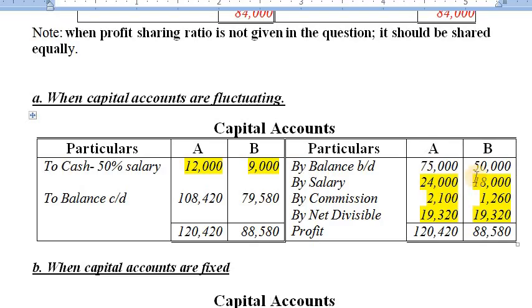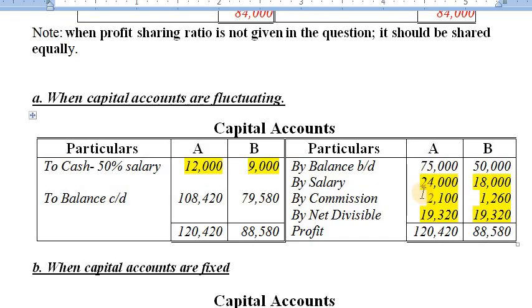Now salary 24,000, 18,000. Journal entry is profit and loss appropriation account debit to A's capital, B's capital, 24 and 18. Commission, same thing, profit and loss appropriation account debit to A, debit to B. And net divisible profit, because net profit was given there as 84,000.